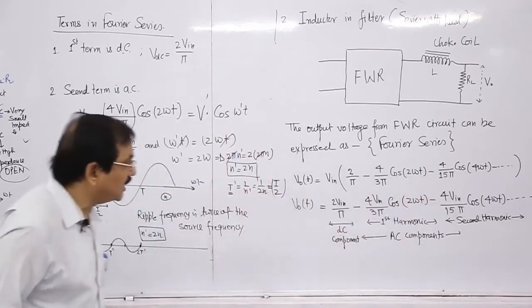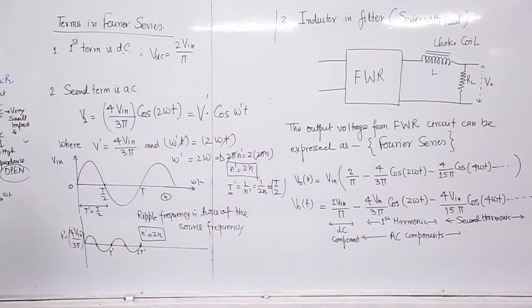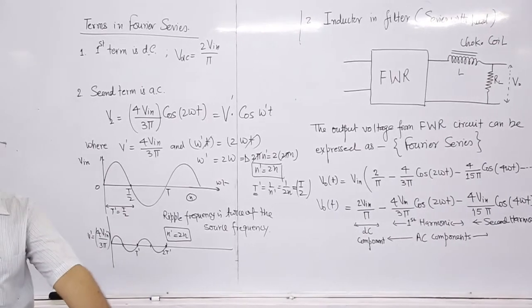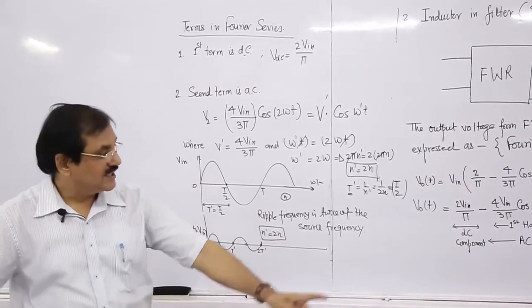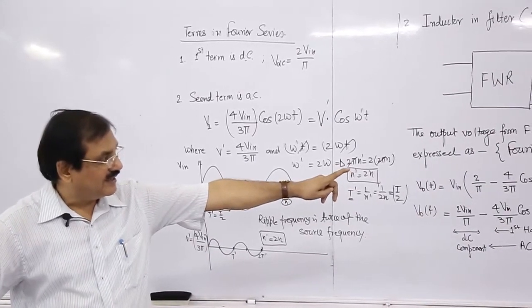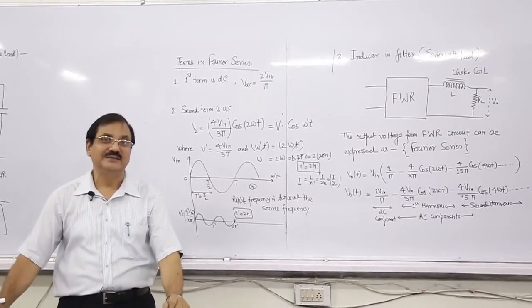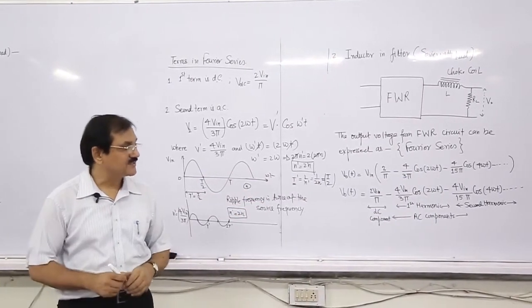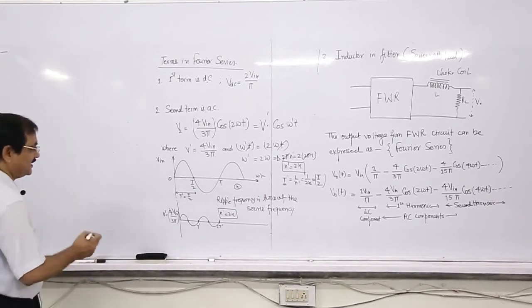What about the third term? The third term is very interesting. Why is it very interesting? Because it is 4 V in upon 15 pi cos 4 omega t.